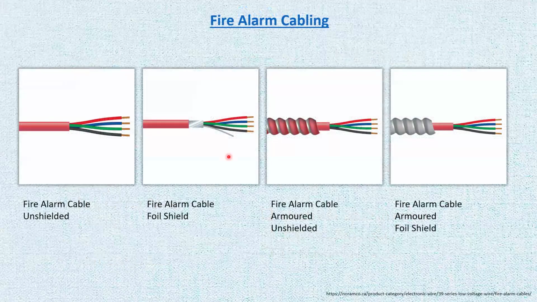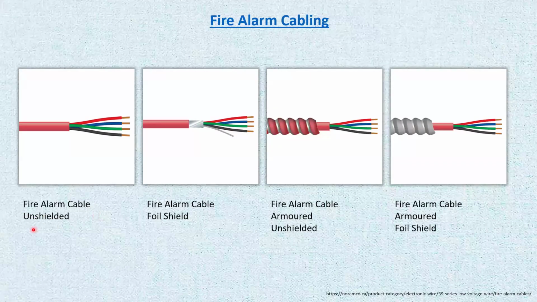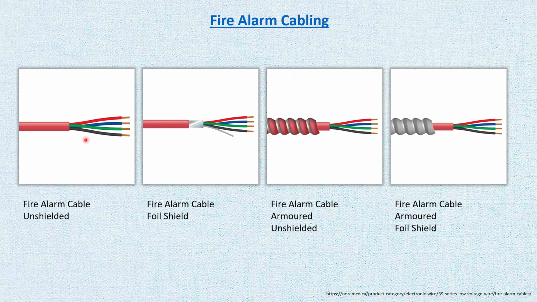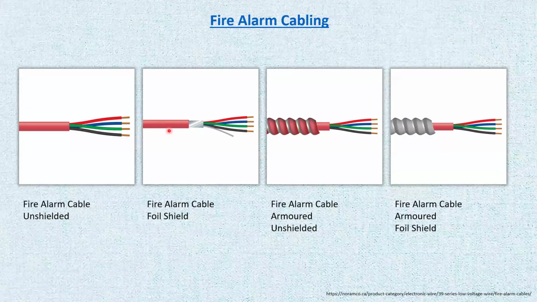As far as cabling, there are a little bit more strict rules. The cable has to be fire alarm cable rated. You can have unshielded or shielded, depending on what's in the ceiling, how fragile the other equipment is, and how susceptible you want this to be to outside interference.